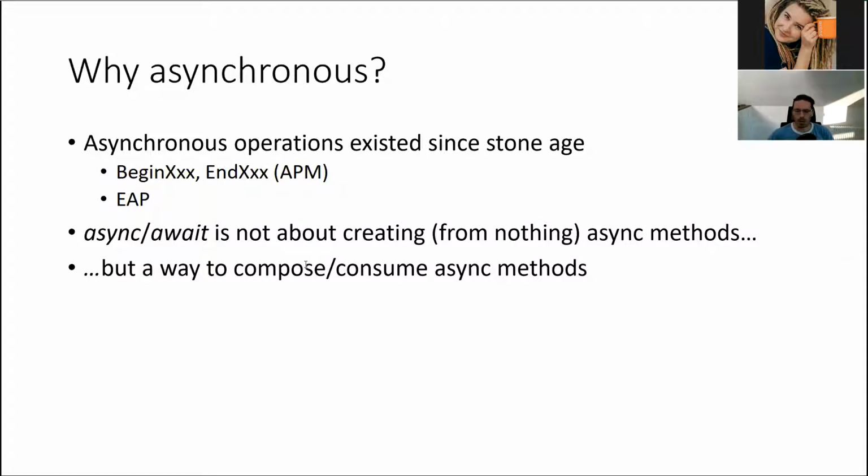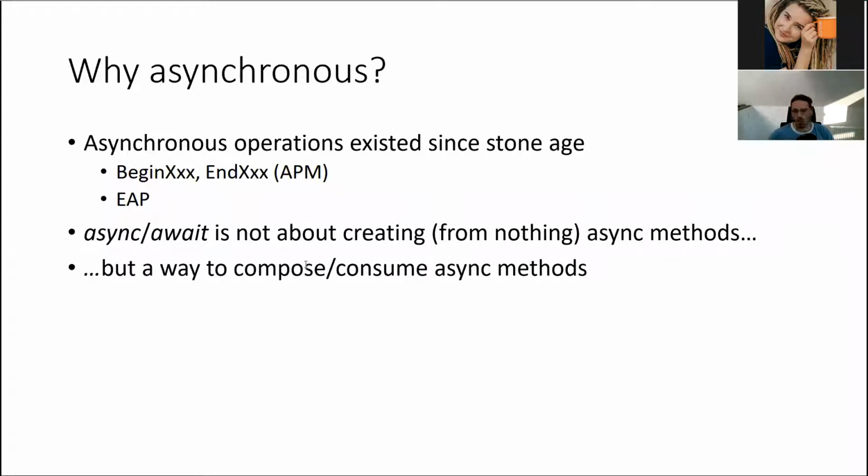If you are reading from a file, you usually call a Read method that takes 3 parameters. But if you look through IntelliSense, you can see there are actually BeginRead and EndRead methods. That was the first evolution, and it's called the Asynchronous Programming Model, or APM.